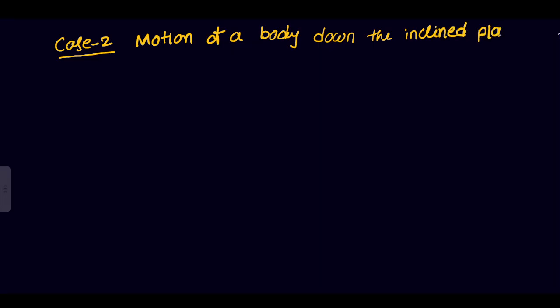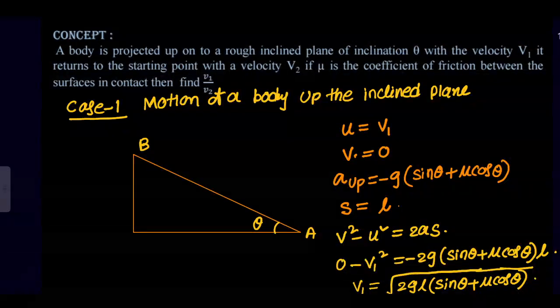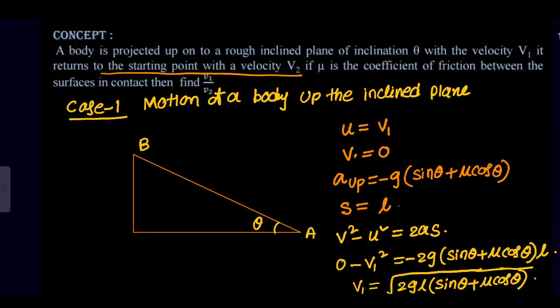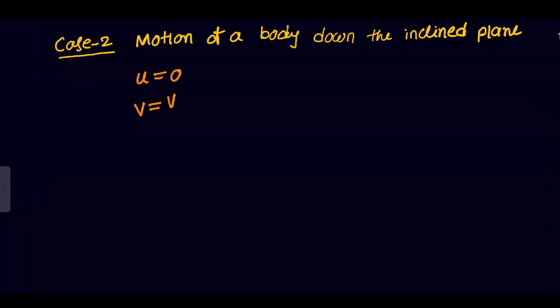What is the initial velocity of the body? At the highest point the velocity is 0. And the final velocity: the body returns to the starting point with a velocity v2. When it returns to point A, the velocity is v2.